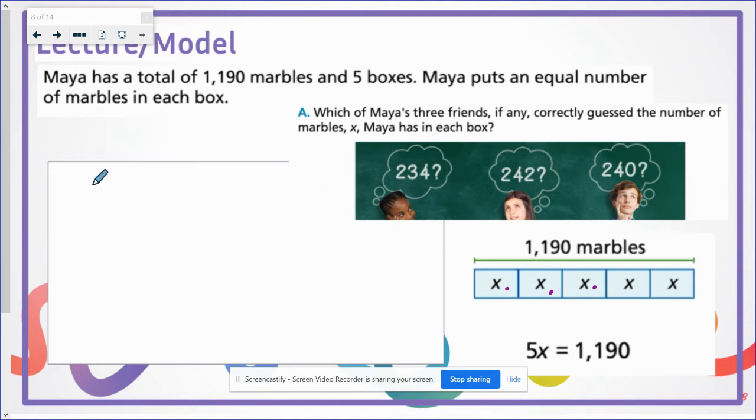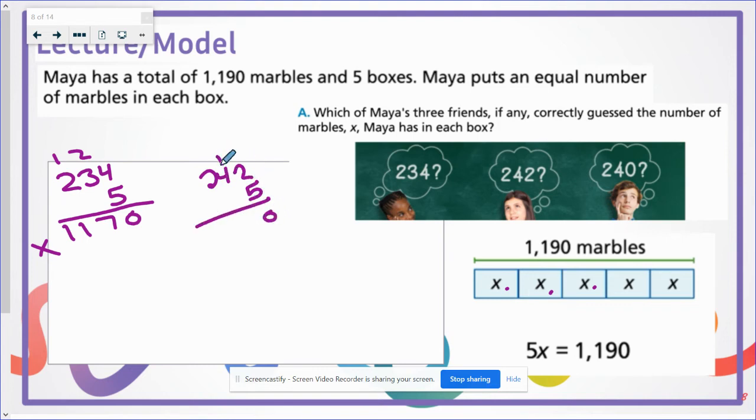So let's start with 234 times 5. So let's see if the friend who guessed 234 would get it. 5 times 3 is 15, plus 2 is 17. 5 times 2 is 10, plus 1 is 11. Nope, wasn't the 234. Let's try 242. 242 times 5. 20 plus 1 is 21. 10 plus 2, not going to be that one.